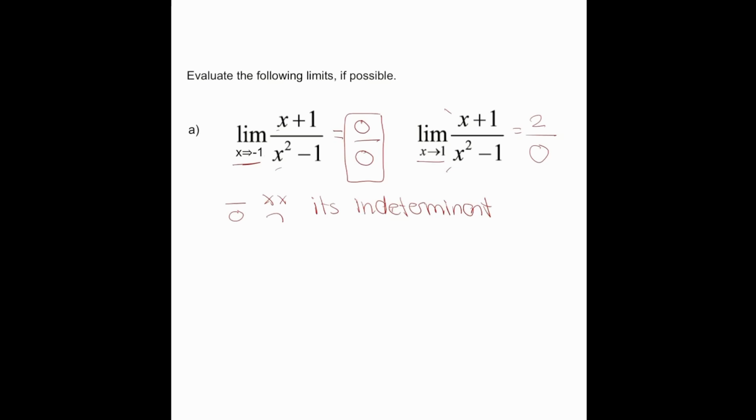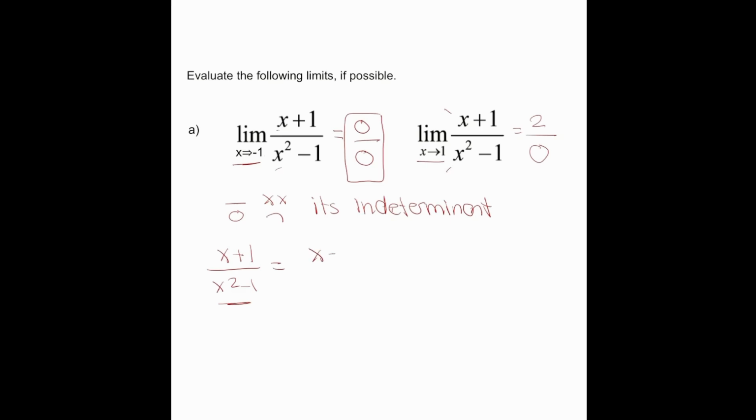So how do we deal with a denominator that equals 0 in a rational function? Well, we try and factor the problem out. Quite literally, we try and get rid of what's making it equal 0 on the bottom. So back to our function. We have x plus 1 on the top, and I have x squared minus 1 on the bottom. I can factor that x squared minus 1 on the bottom.